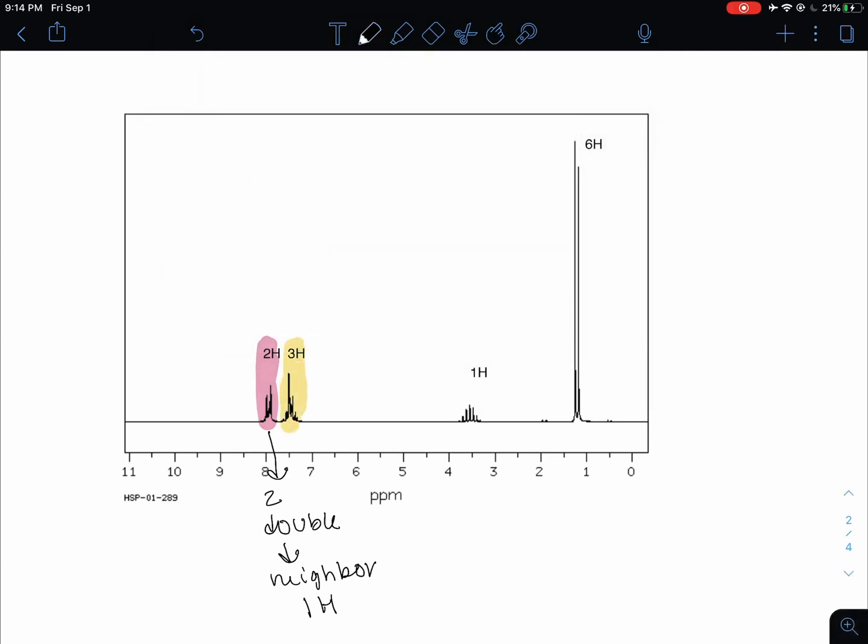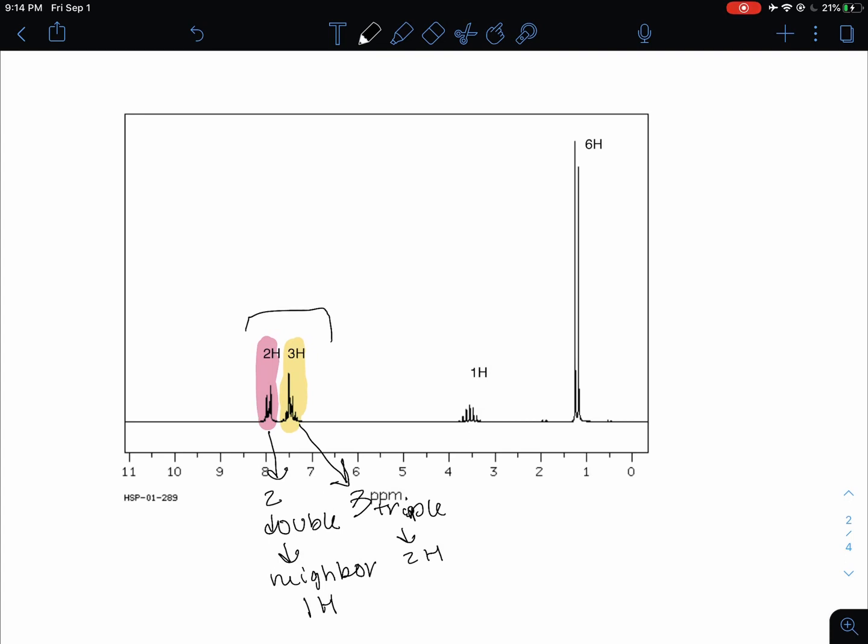When we look at this spike, we know that there will be 3 hydrogens that are identical. And we can see that there are 3 spikes in here, so it is a triplet, which means there will be 2 hydrogens on the neighboring carbons.